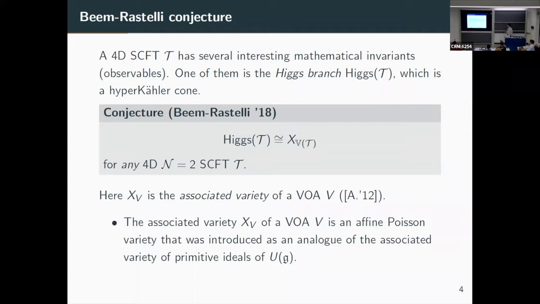So this is already a surprising conjecture, because the Higgs branch is a very interesting geometric thing, and you should be able to recover this geometric variety from this purely algebraic vertex operator algebra.